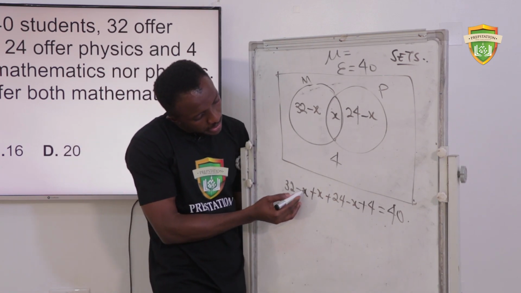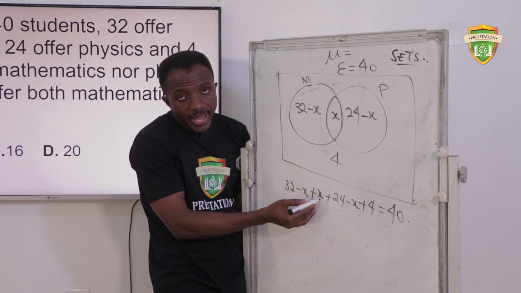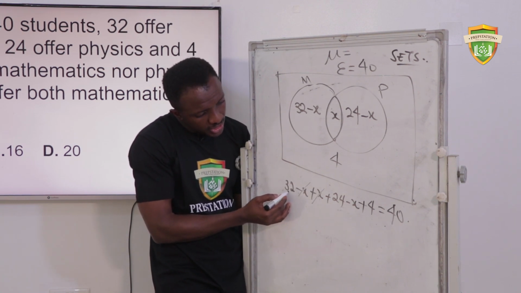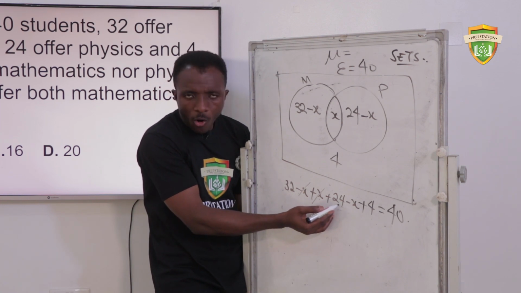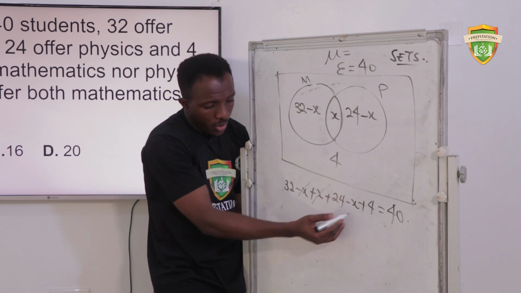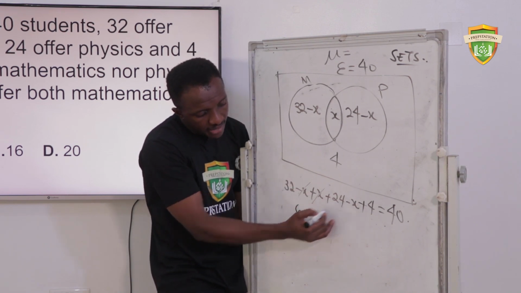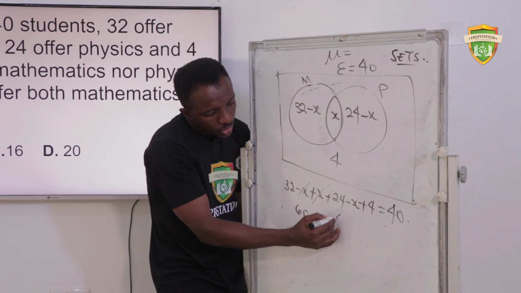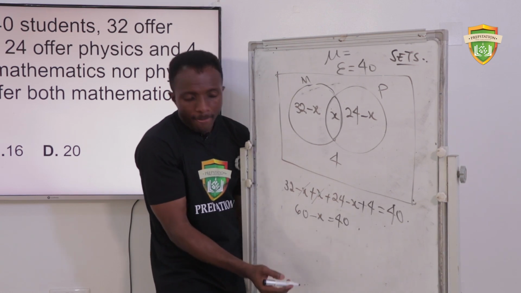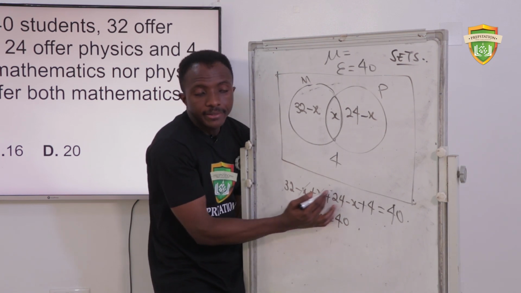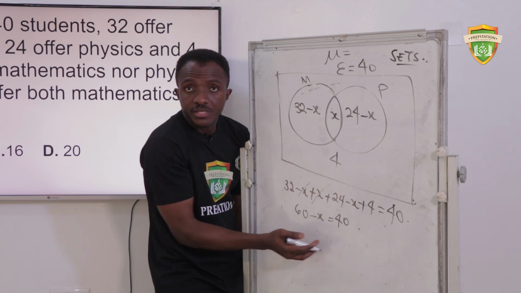Look at this. Minus x plus x will cancel out. That leaves us with 32 plus 24, which of course is 56, plus 4, which is 60. So I have 60. I still have a minus x here to give me 40.